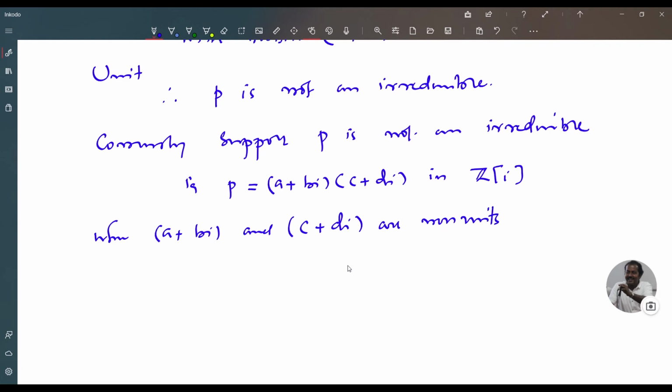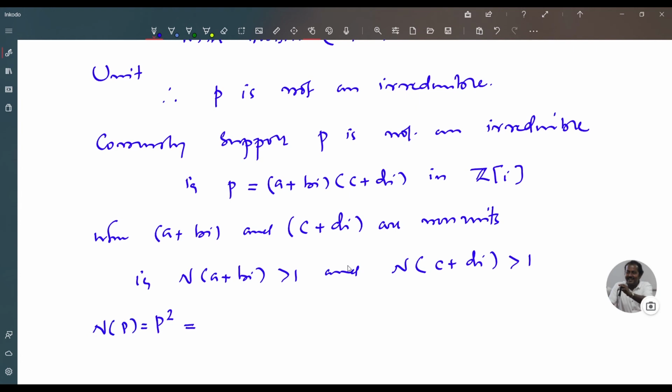That is, n of (a plus bi) is greater than 1 and n of (c plus di) is greater than 1. And therefore, n of p, which is p squared, is equal to n of (a plus bi) into n of (c plus di). So this implies p squared is equal to (a squared plus b squared) into (c squared plus d squared).